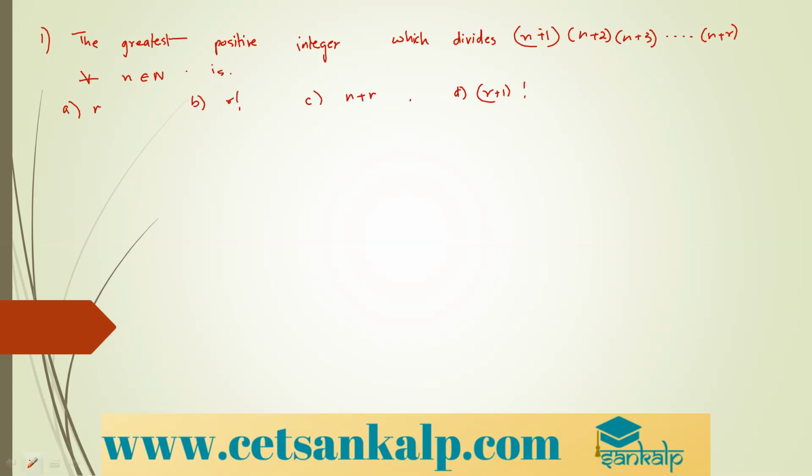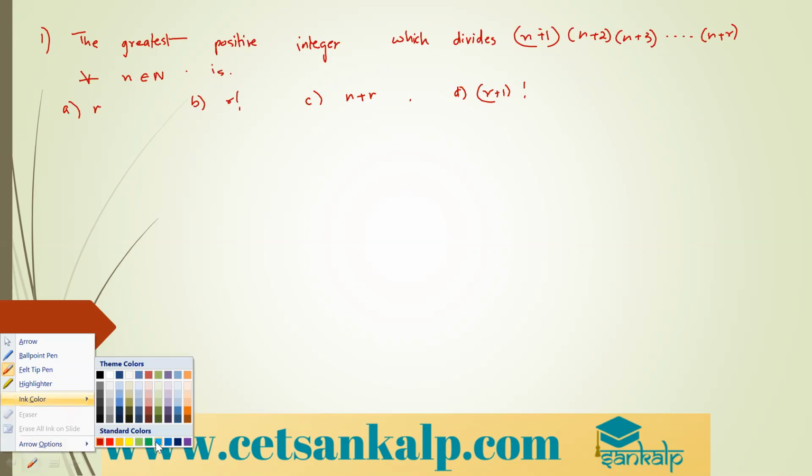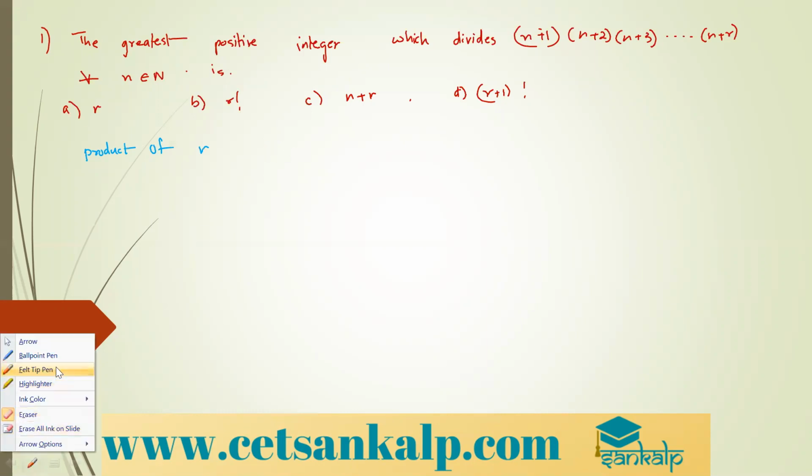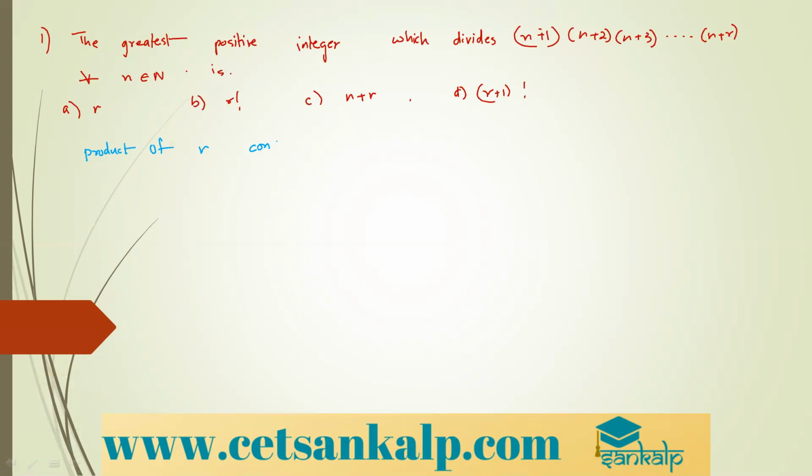So already when we were doing shortcut methods, I told you if we have a product of r consecutive integers, then it is divisible by r factorial.